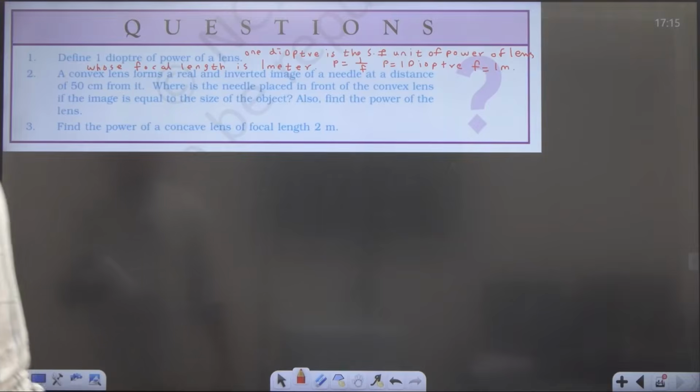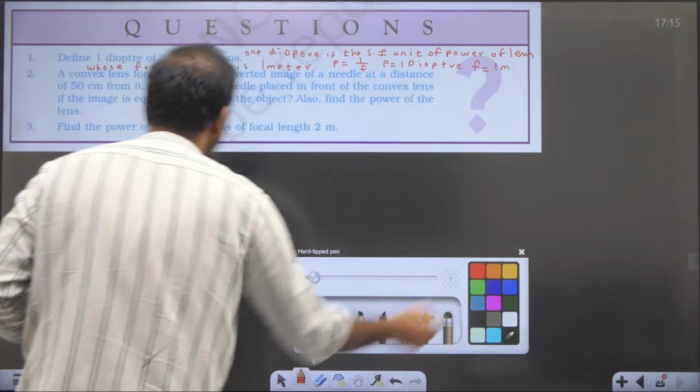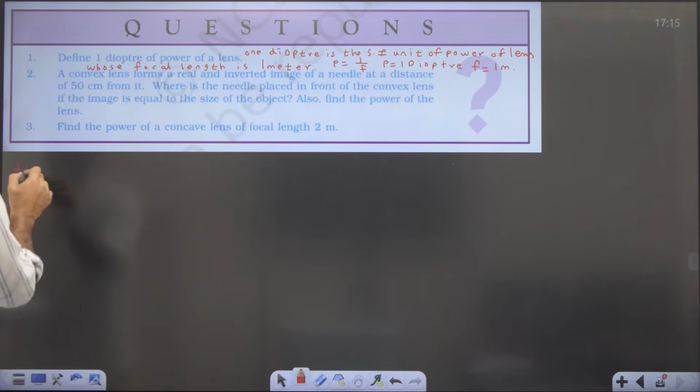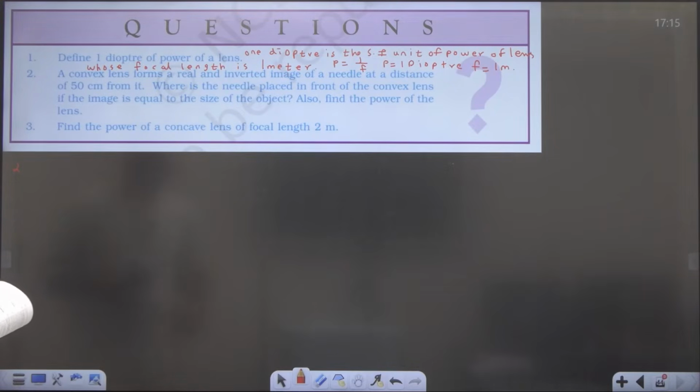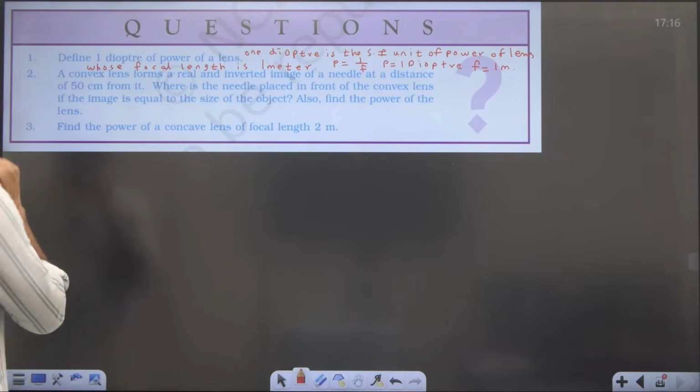Next, second question. A convex lens forms a real and inverted image of a needle at a distance of 50 centimeter from it. Image distance is given.